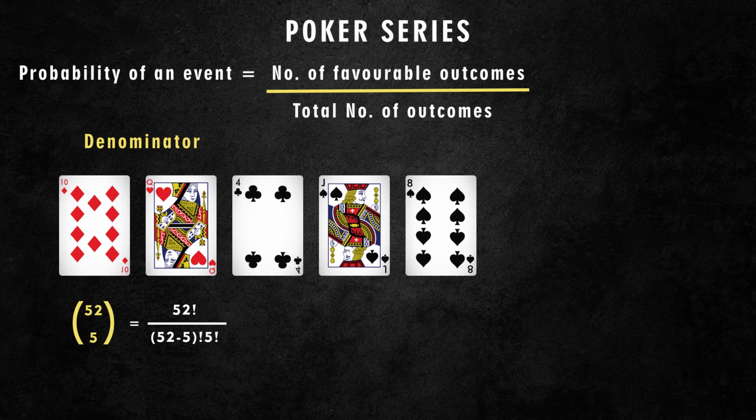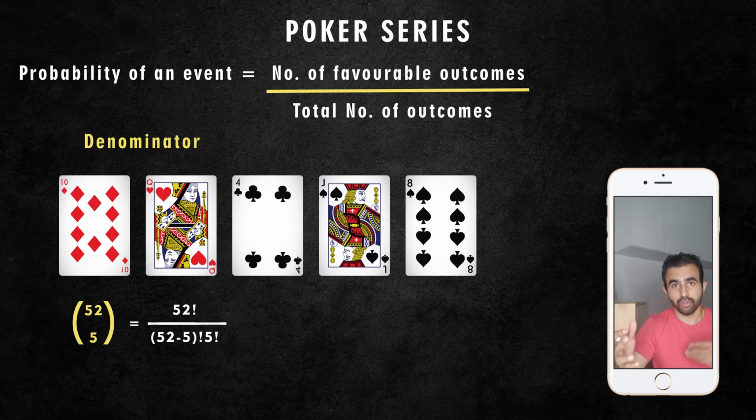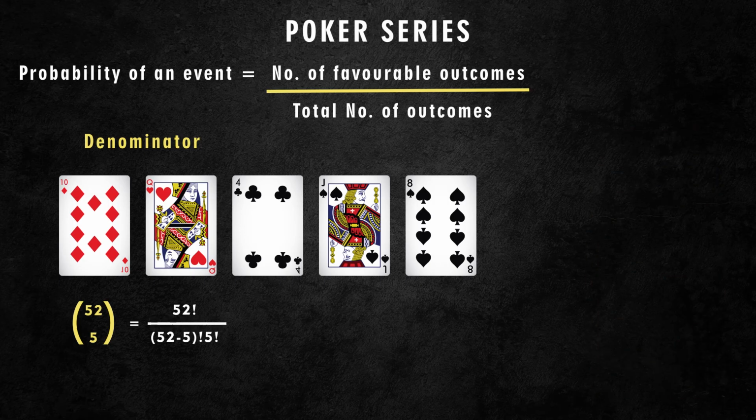Out of 52 cards, you need to pick 5 cards. Obviously, you don't know what cards you'd be picking, but you can choose 5 out of 52 cards. That's clear, right? So this 5 represents how many you need to select, and 52 represents the total availability.